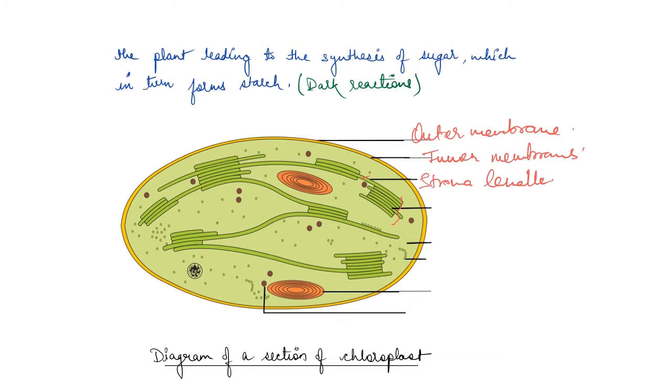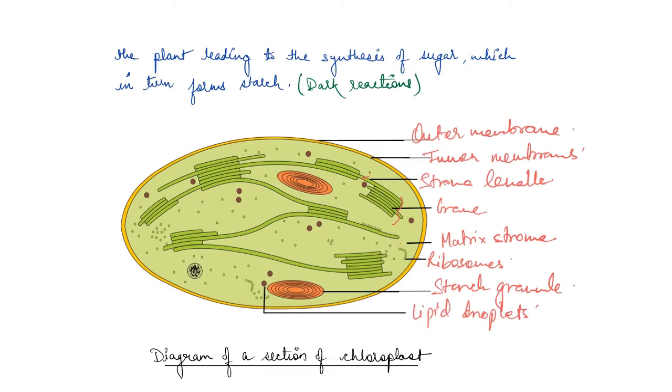This stack is grana, and this is the matrix, the stroma. There are some ribosomes. This is the starch granule. And there are some lipid droplets as well.